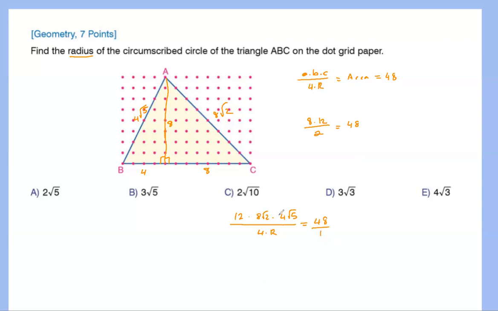So we have 4 and 12, which is 48, so this can be canceled with this, because when you cross multiply, those are going to be on the other side. We can just immediately cancel now, and this will cancel. So you got 2 and 1. So 2 times root 2 times root 5, which is 2 root 10, over r equals 1. So that means this is our r.